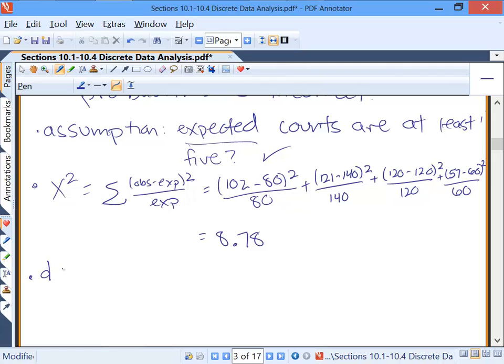We also need degrees of freedom, which in this case are k minus 1. Remember, k is your number of groups. So in our case, how many groups did we have? 4. So we have 3 degrees of freedom.